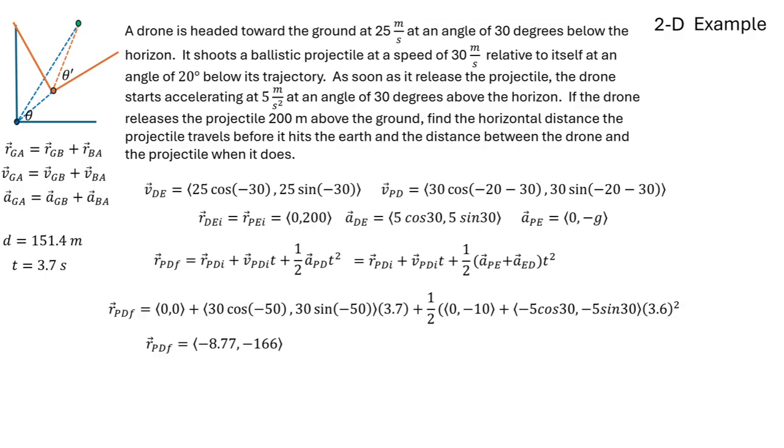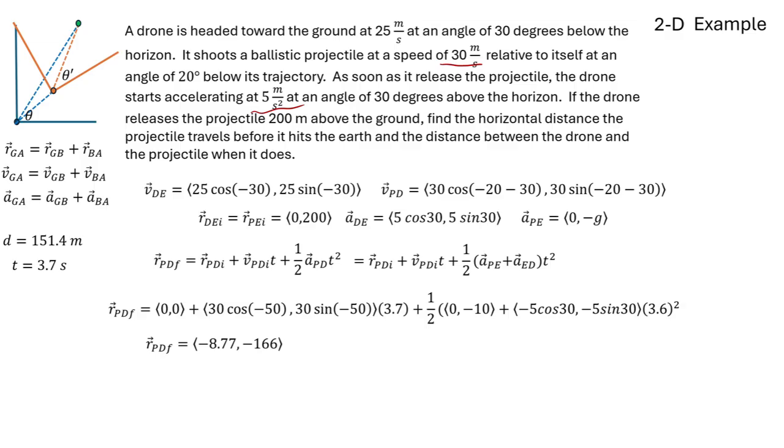And this is interesting. Notice that both numbers are negative. What does that mean? That means that even though the projectile started out faster than the drone, the drone has been accelerating this whole time, and eventually the drone has a faster speed than the projectile and actually overtakes it. So the projectile lands behind where the drone is.